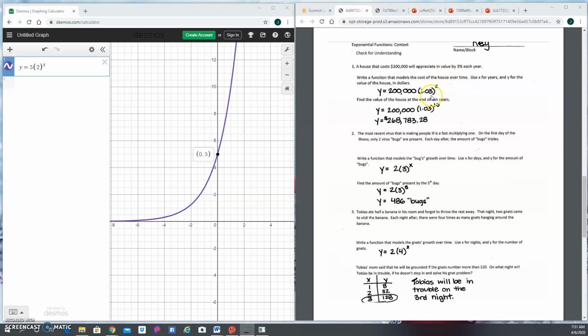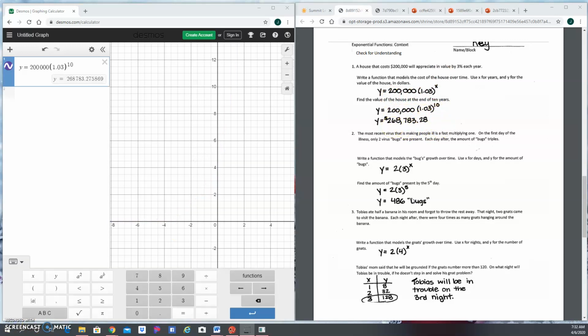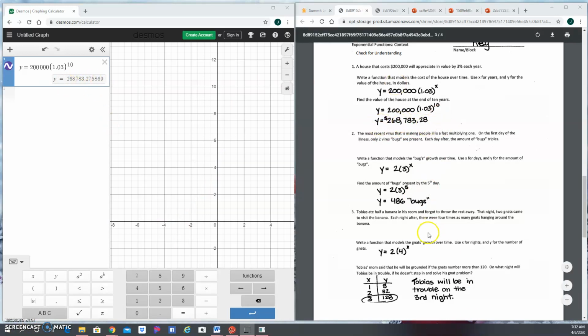That is what you're going to add to your $1. Why did you add? Because it says appreciates, not depreciates. So your starting value is 200,000. If you plug this in on decimals, it's going to look like this. As you can see, I plugged it in and it came out the same amount as this one.